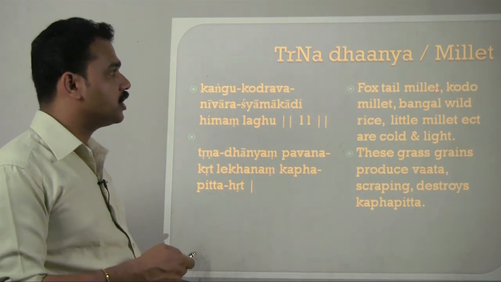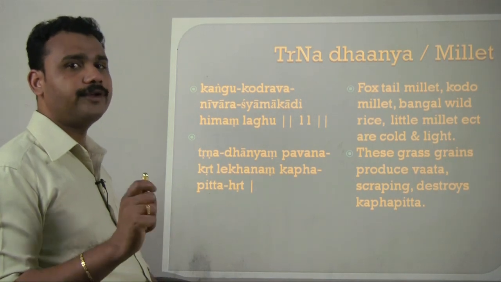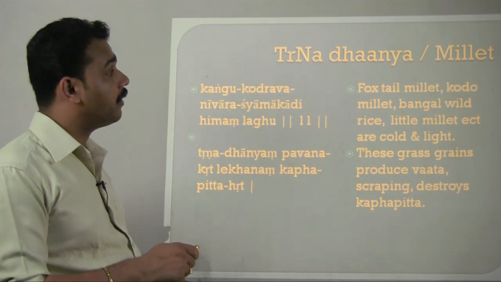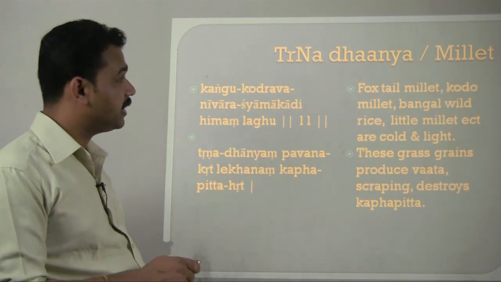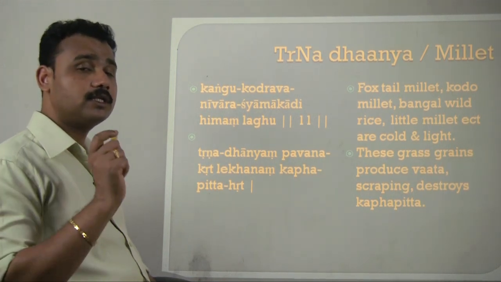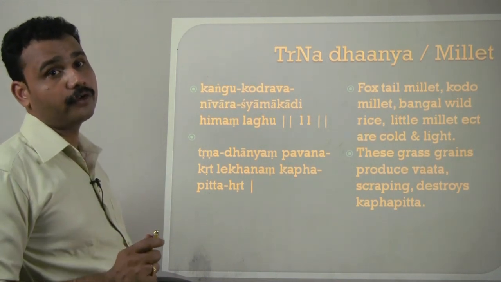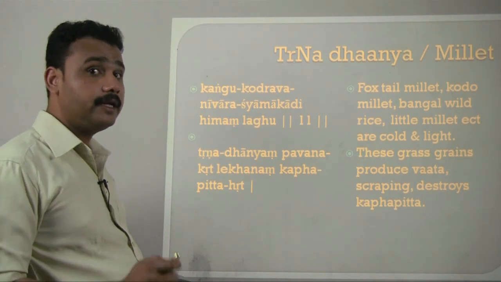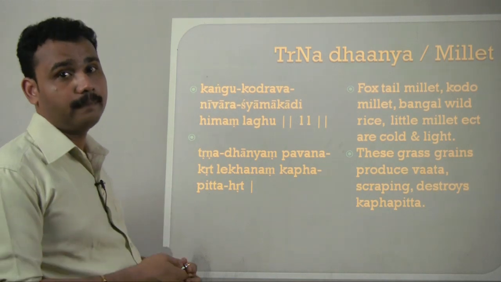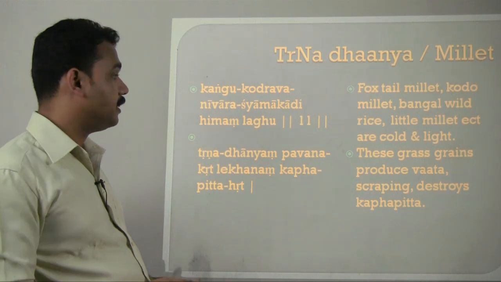If you search these names under google.co.in, you can see the images of these millets. You will also see interesting recipes, especially if you search specifically in .co.in. Whenever you make a search for any Ayurvedic information, it is better to go for .co.in so that you find more material and more Sanskrit literature and more information from the internet.